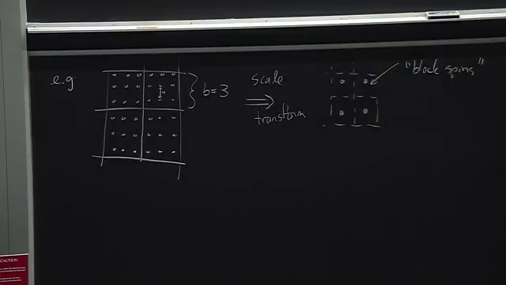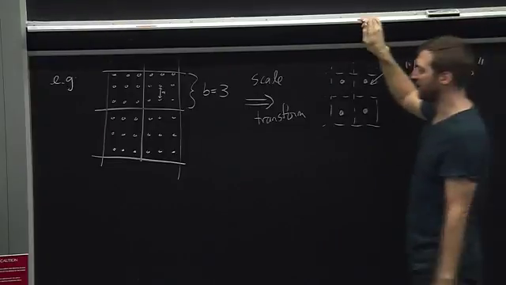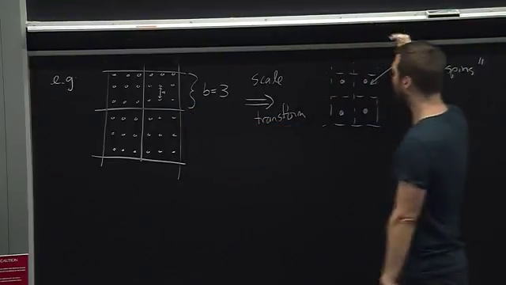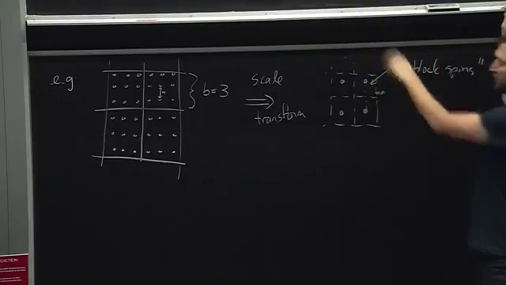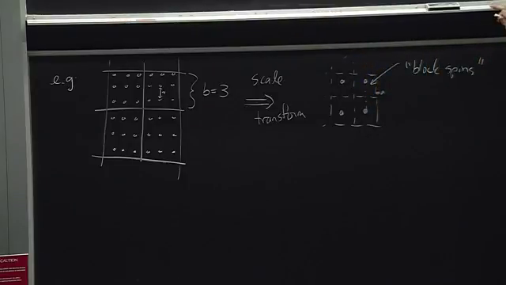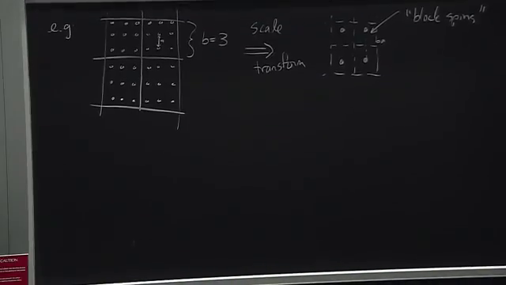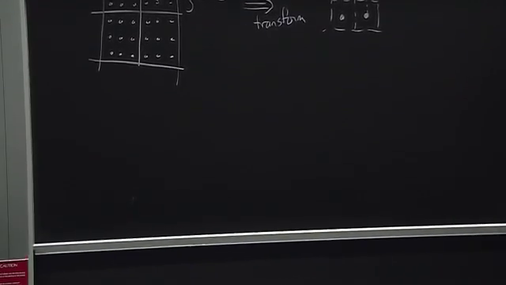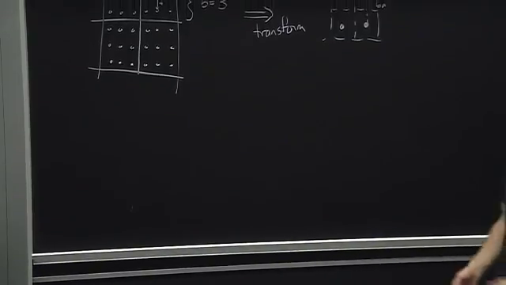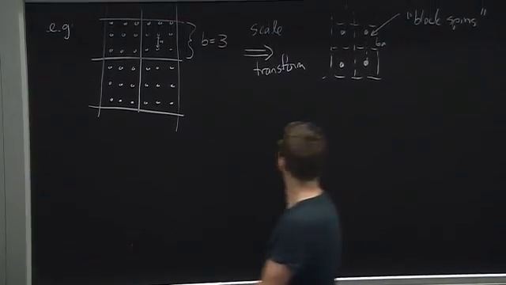So the idea is to transform the Hamiltonian from a Hamiltonian that works on length scale A to a Hamiltonian that has interactions at length scale BA between some block spins. And I picked some convention or some choice of B, but there's no real reason why I did that.